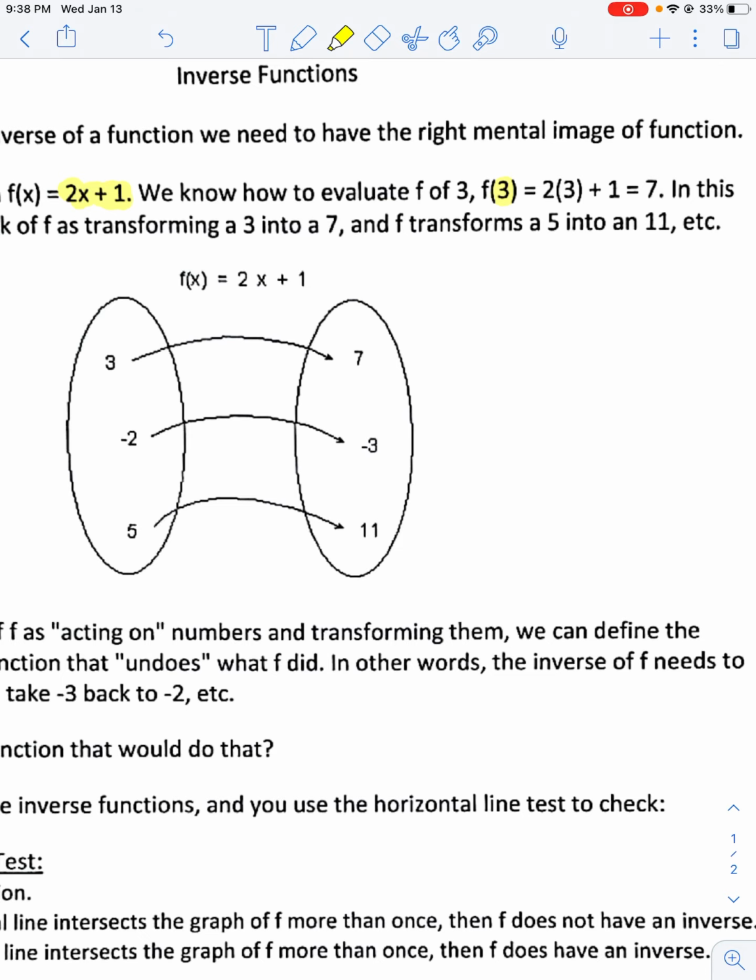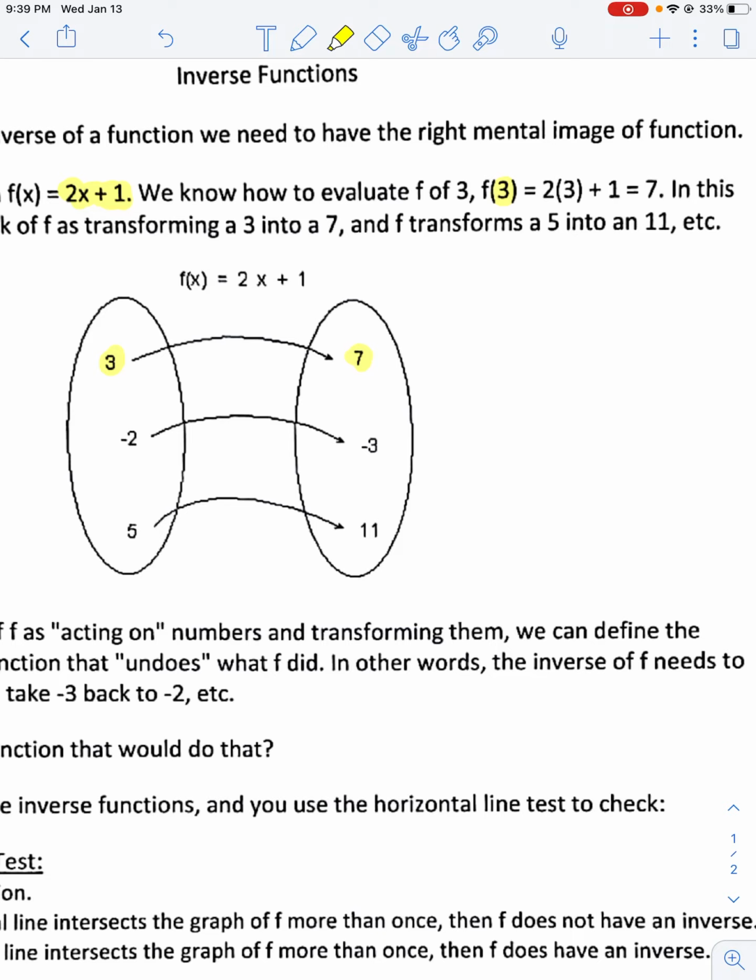And we go to our equation, which was 2x plus 1, and we enter 3 into x's position, and we solve to get what we call an output. So an input gives me an output. So when I plugged 3 in there, I went 2 times 3, that's 6. 6 plus 1, that's 7.